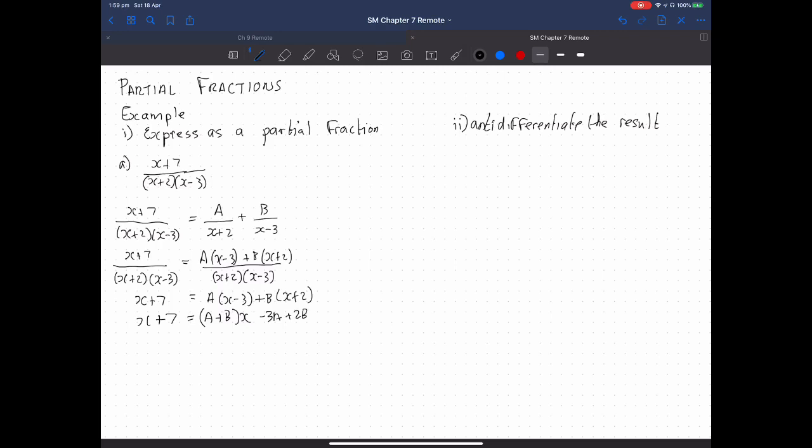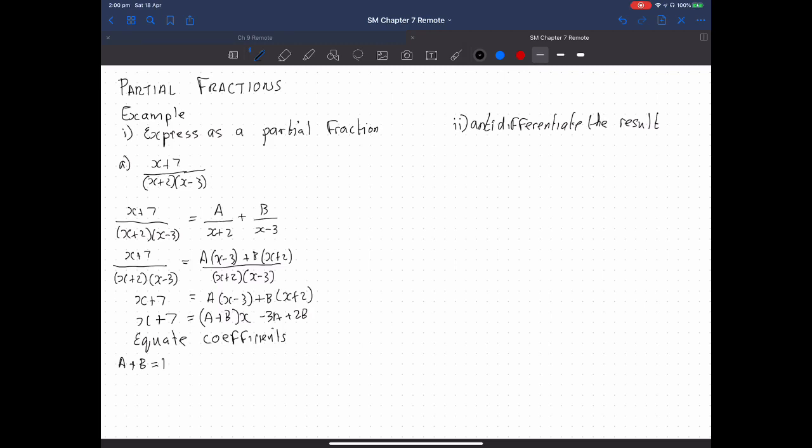a + b is the coefficient, the number, in front of our x. The -3a + 2b is our constant at the end. So if we equate coefficients, what we're saying is the number in front of the x on the left-hand side must equal the number in front of the x on the right-hand side. a + b must equal 1.